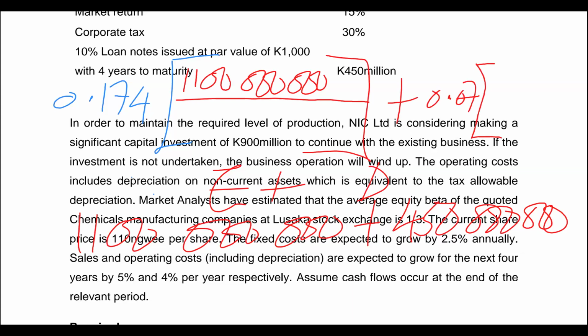What is it giving you? It's giving me about 560 million, something like that.